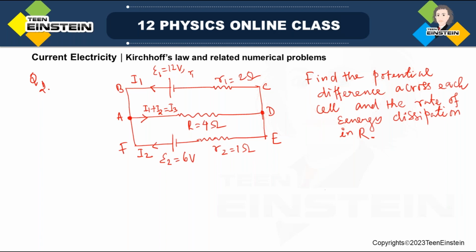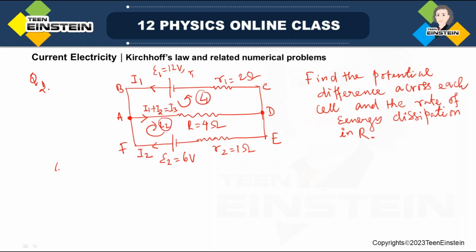So now we'll apply the loop rule, ADCBA. AD loop, suppose this is loop one, and we are going like this, and loop two will go like this.